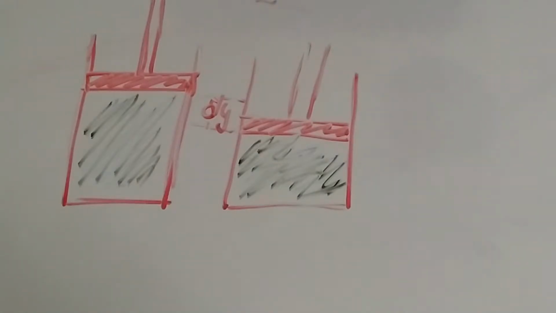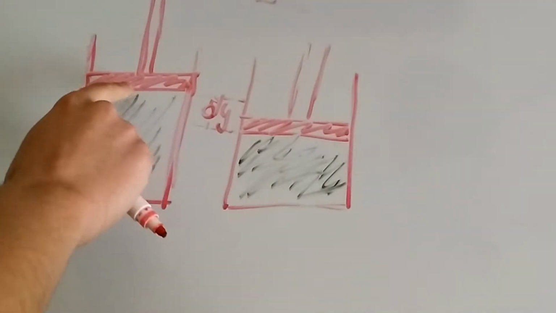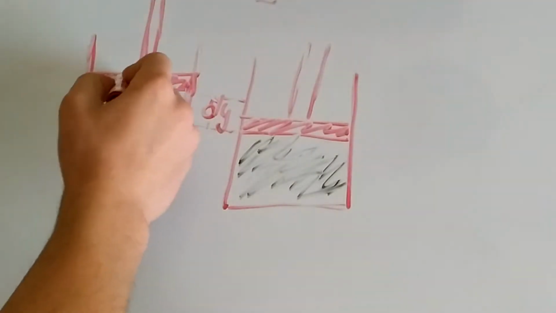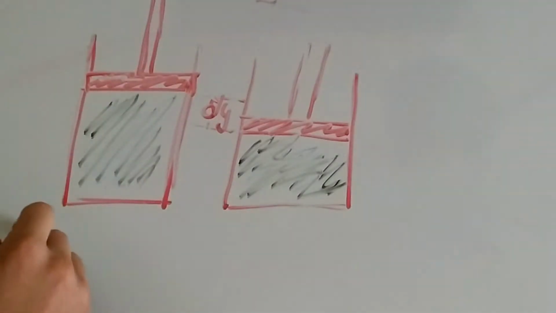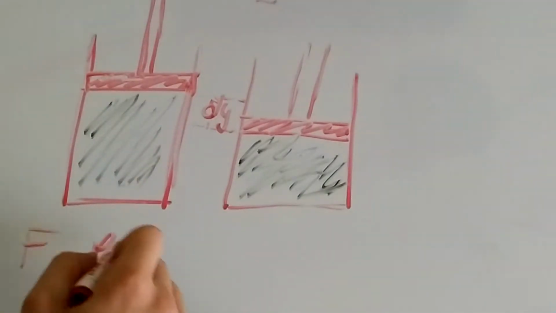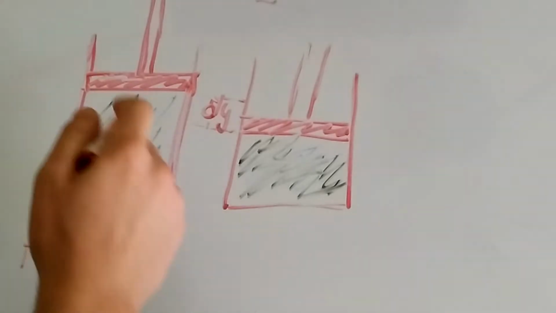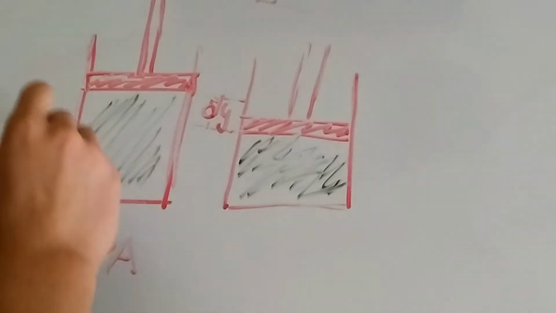Now here we can say that since the gas is at a certain pressure and temperature, it exerts a certain amount of force on this piston, and the force is going to be equal to the pressure of the gas times the area of that piston.